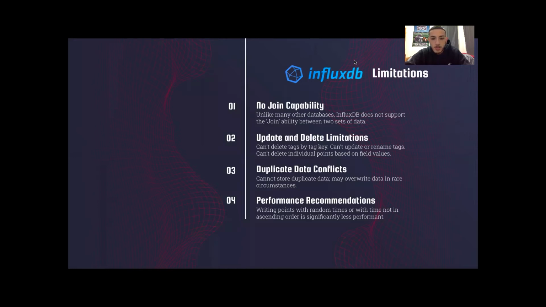This is because there's no real set schema that is required to be defined and shared between all types of data in the database. Because of this, the schema is more flexible, it's more dynamic, it can be changed when it's needed to be changed. This makes the join function not really possible, and thus it's not available within InfluxDB.